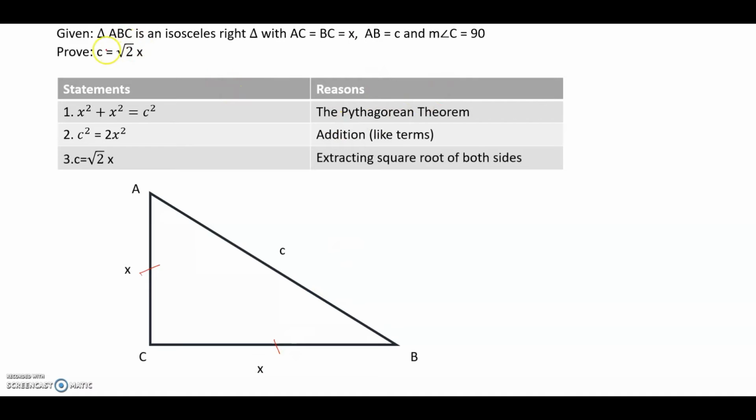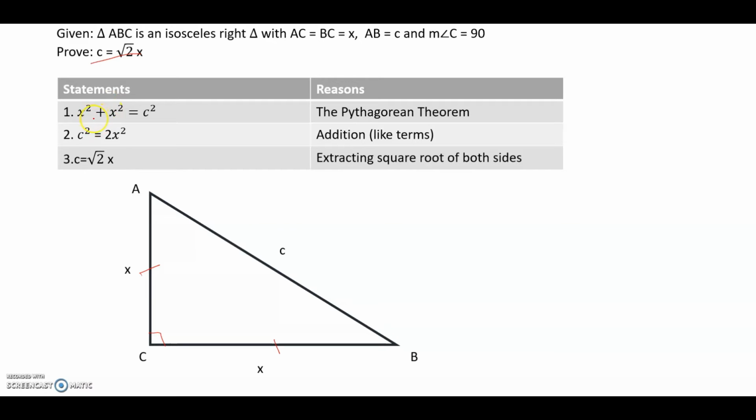The given is triangle ABC, which is an isosceles right triangle, with AC equal to BC, represented by x. AB is represented by c, and the measure of angle C is 90 degrees. So we're going to prove that c is equal to square root of 2 times x.